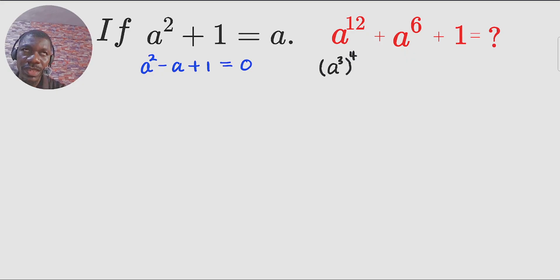This is according to the exponent rule, where a raised to m, raised to n, is the same thing as a raised to m times n. Then plus a cubed raised to 2, then plus 1.